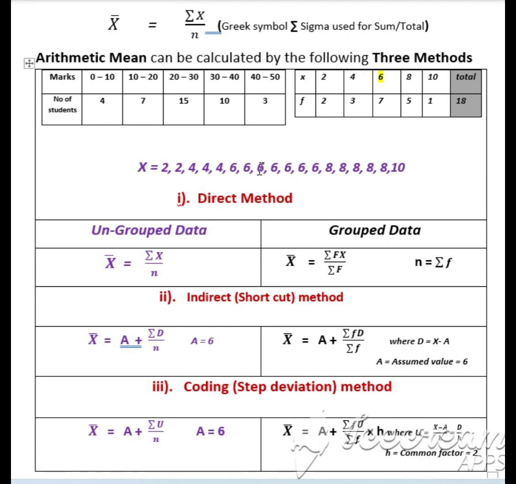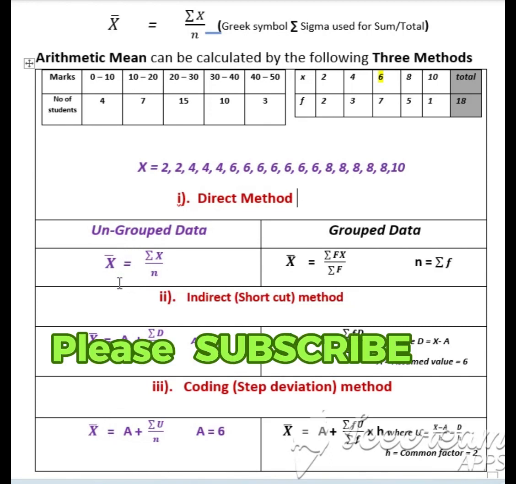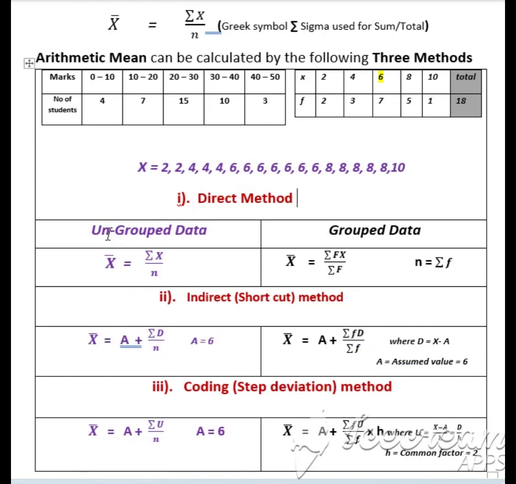These are ungrouped data or raw data. The pink formulas are for ungrouped data.